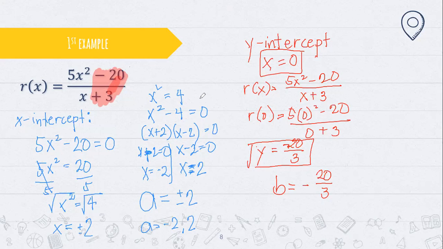Kahit 1 million pa yung numerical coefficient niya, 0 pa rin siya. Kahit yung exponent niya raised to infinity, 0 pa rin siya. So, kunin na lang natin yung constant, which is negative 20 over 3.